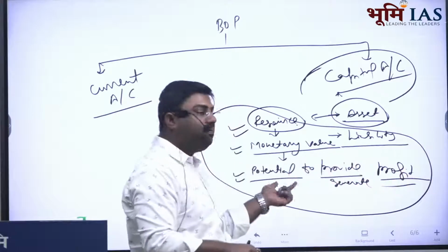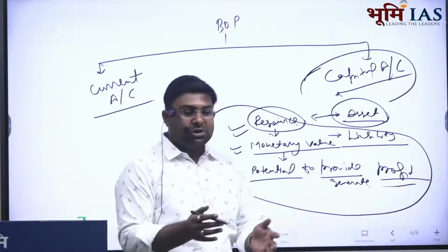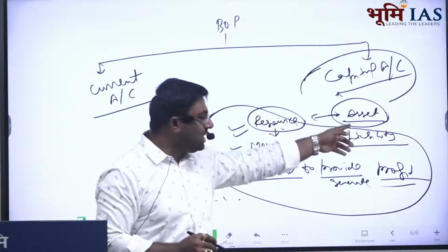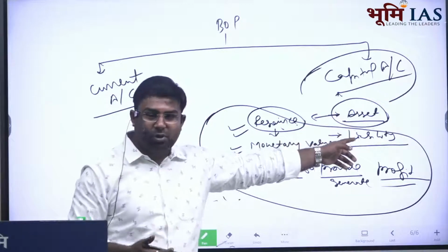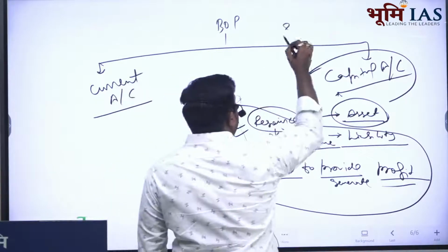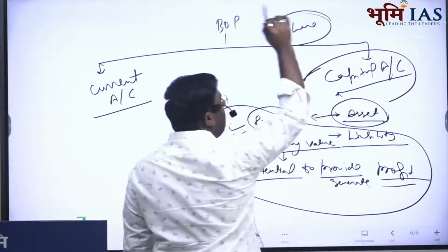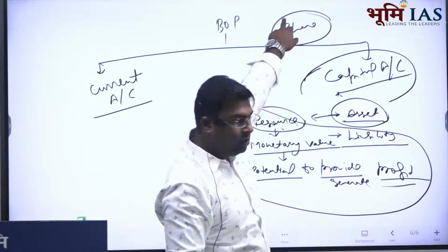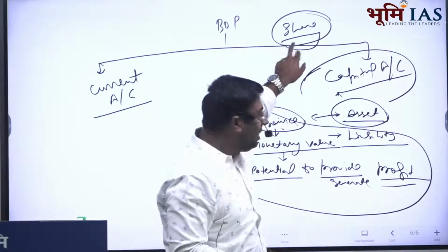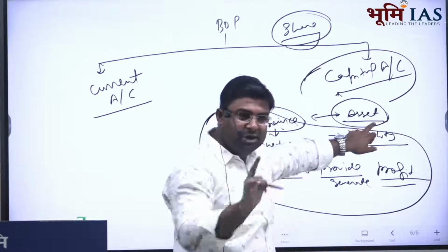It should have potential. It may be possible that in a few cases the resource which is treated as an asset is not able to generate profit. For example, you all agree that this financial instrument which is known as share can be considered as an asset for an individual.